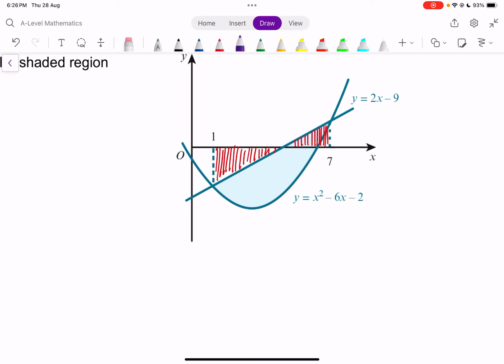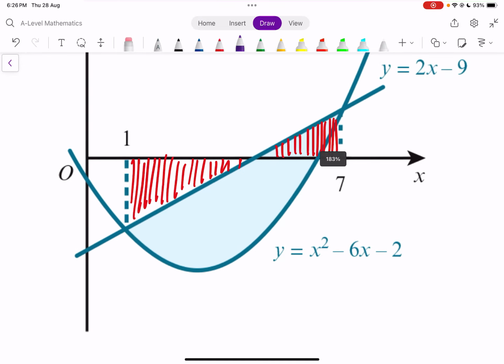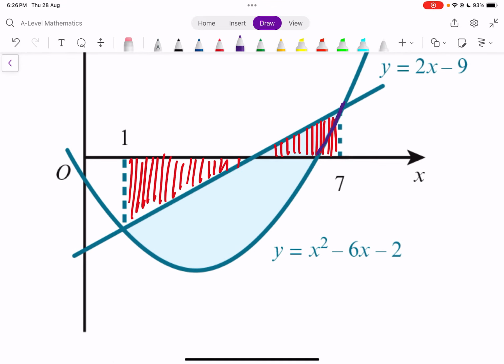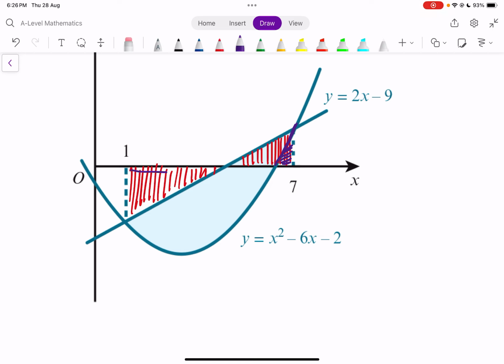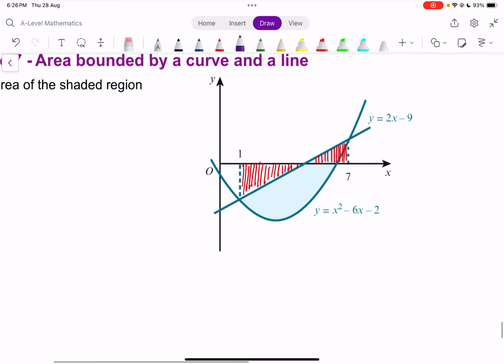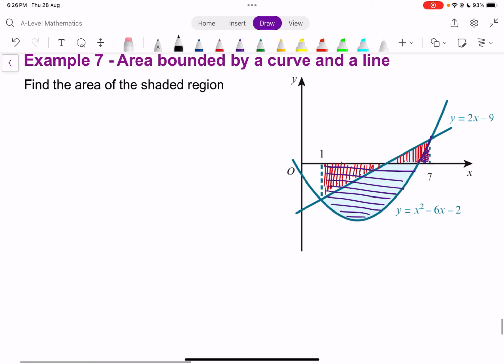If it is a quadratic, it is also under, right? So beyond this part, it is actually here as well. In this case it is obvious, it is all the area here. If it were me, I would say the integration must be 2x minus 9 minus x squared minus 6x minus 2, between 7 and 1.